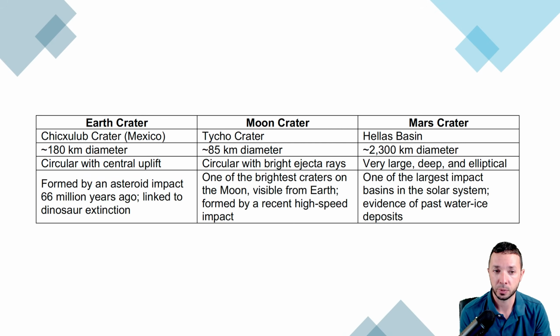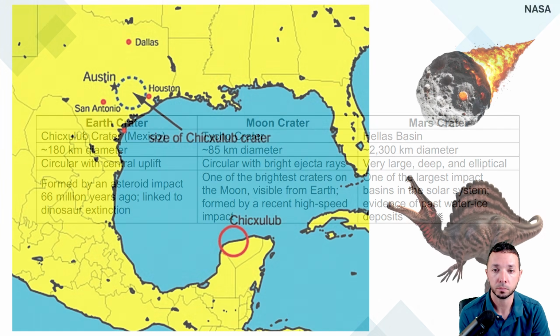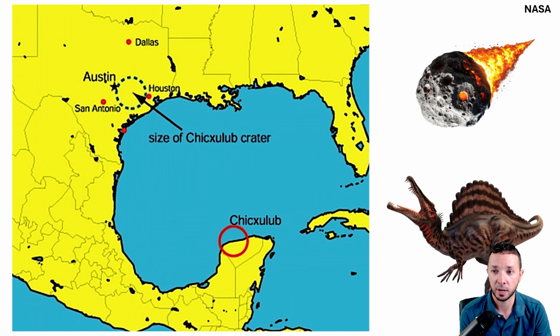Here are some examples of Earth craters, Moon craters, and Mars craters, just to know that they're different sizes and have different structures and shapes. This is the crater that was left behind from the impact that killed all the dinosaurs, just so you're aware of where that is.